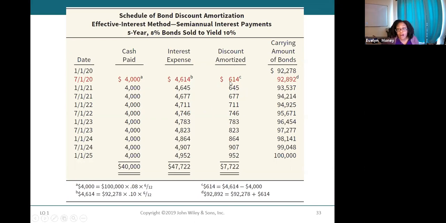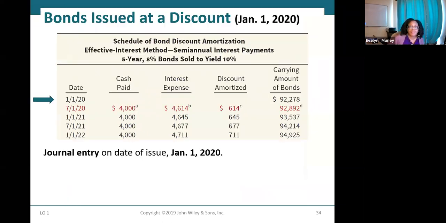The amortization of the discount on bonds payable is increasing as well, and the carrying amount of the bonds is increasing as well. But the key to the effective interest method is calculate that interest expense first using the beginning of period carrying value of the bond.